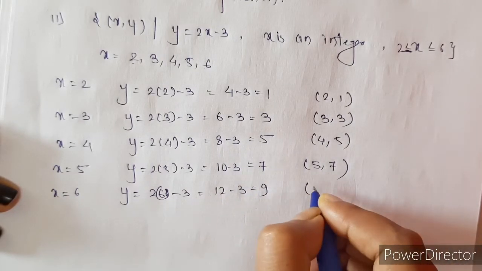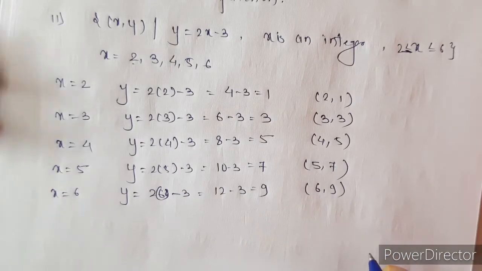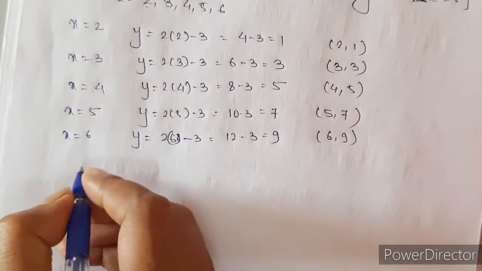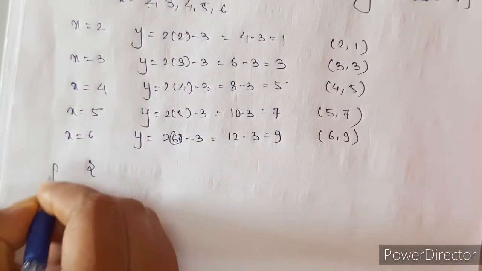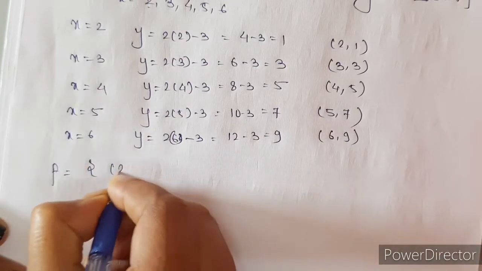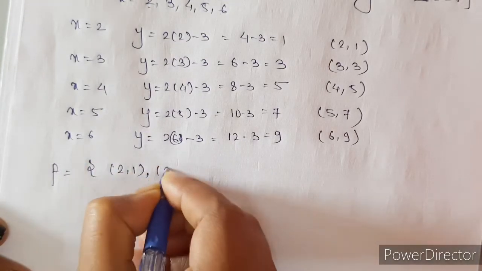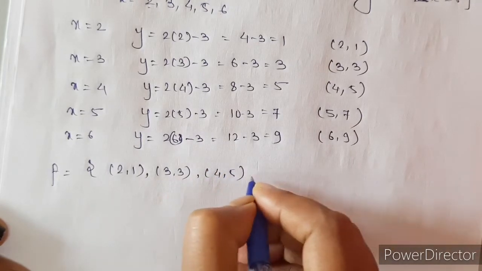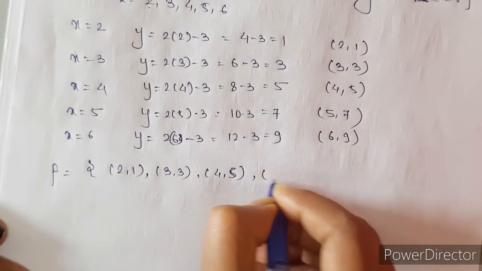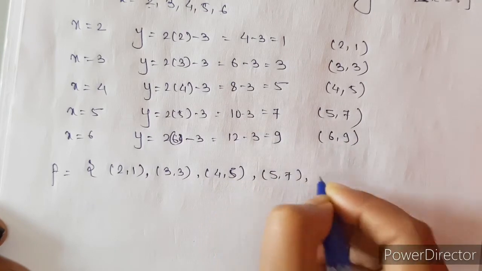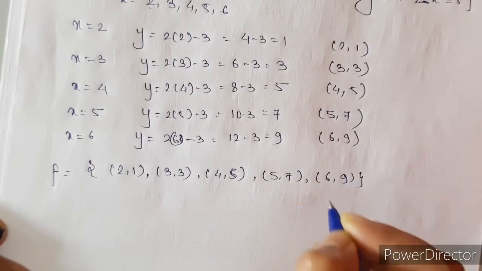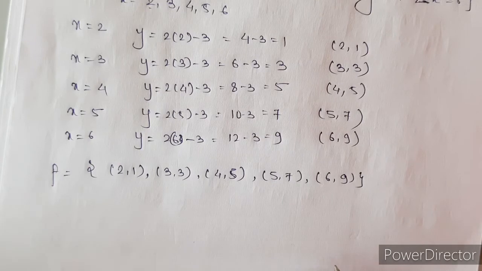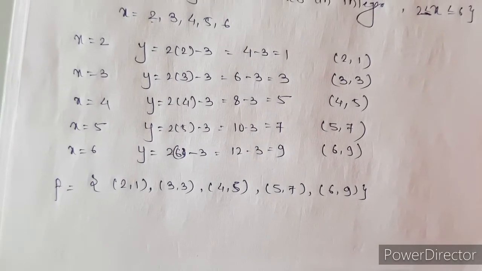So the last ordered pair is (6, 9). Now we write the set of all these ordered pairs: (2, 1), (3, 3), (4, 5), (5, 7) and (6, 9). So this is our set of ordered pairs for this relation.